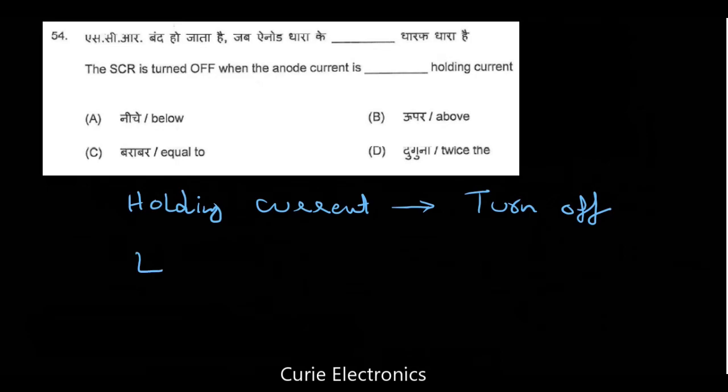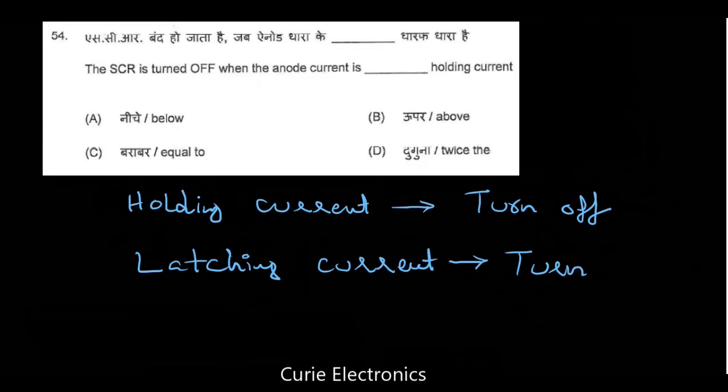Latching current. Let me write it properly. Latching current. This latching current is for turn on. To turn on the SCR, turn on is the latching current. Now, if you want to turn off a SCR, we have to bring down the current.